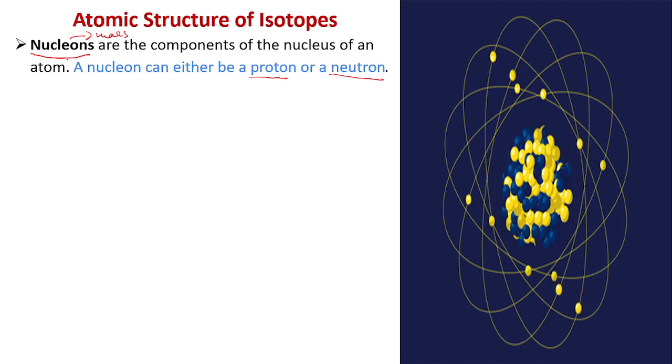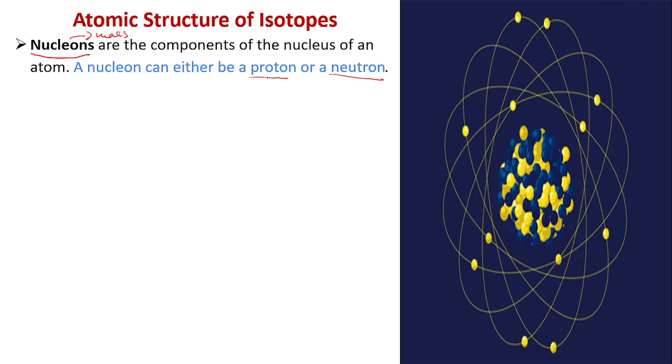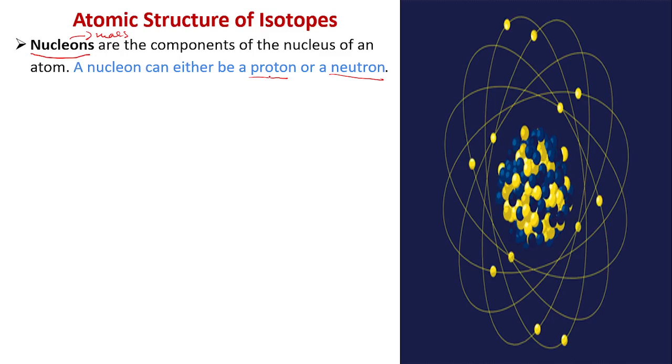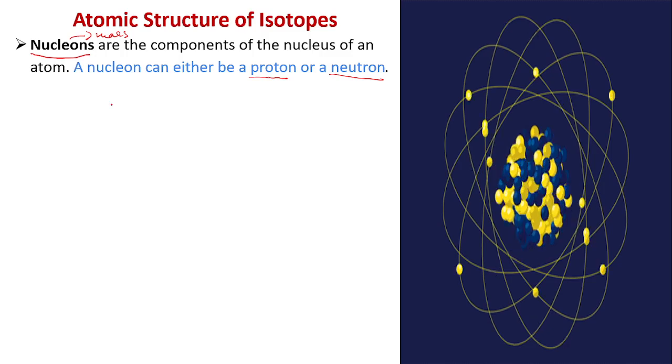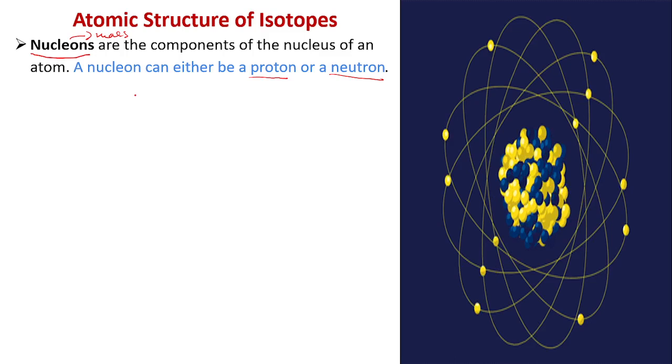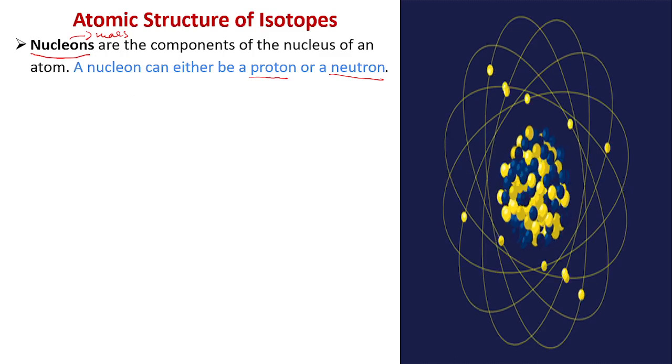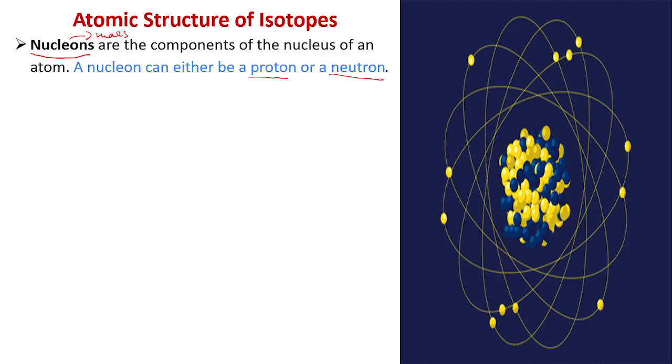And these two particles are the ones that make up the nucleons. So these nucleons are the ones that determine the mass. As a result, when you add protons and neutrons, you get the mass number or the nucleon number. But that is just important in the next stage, where I'll explain the differences between isotopes.